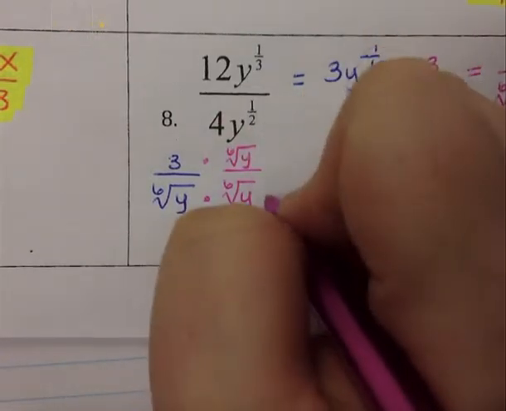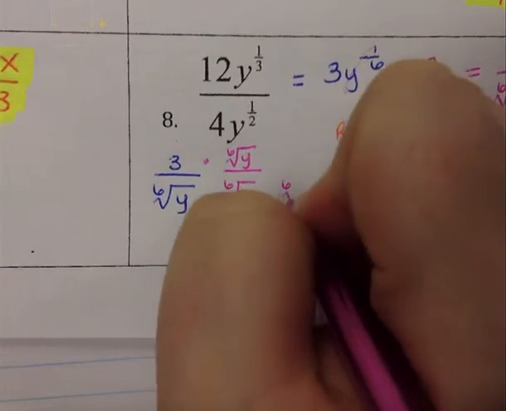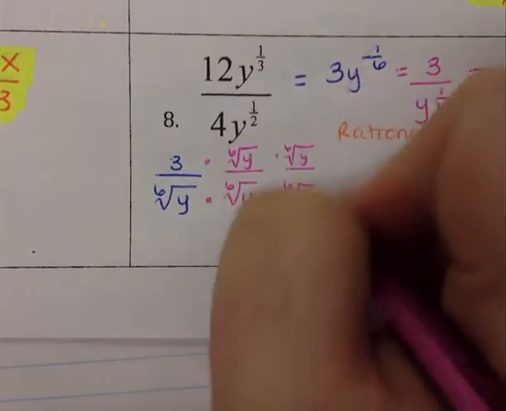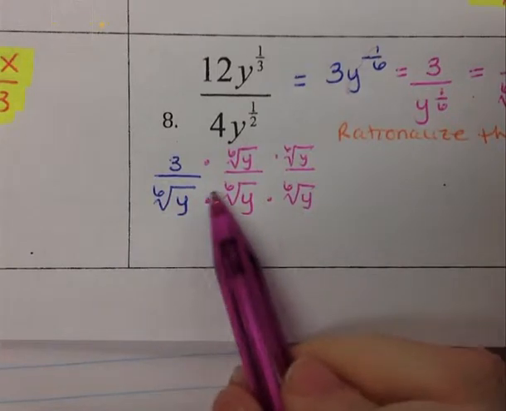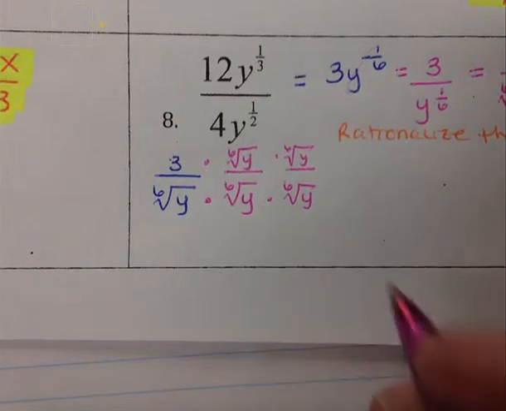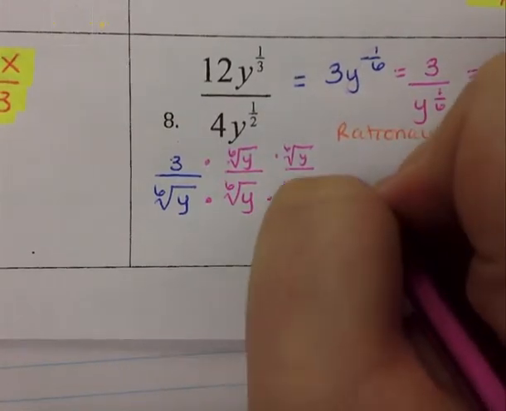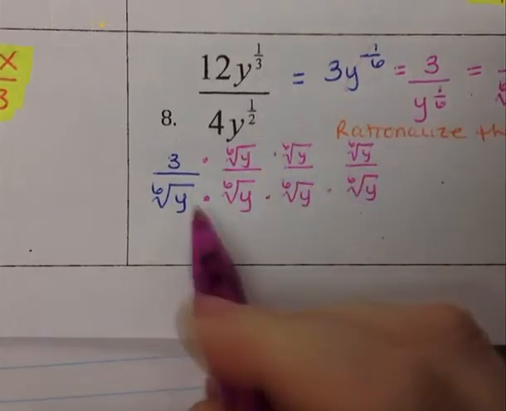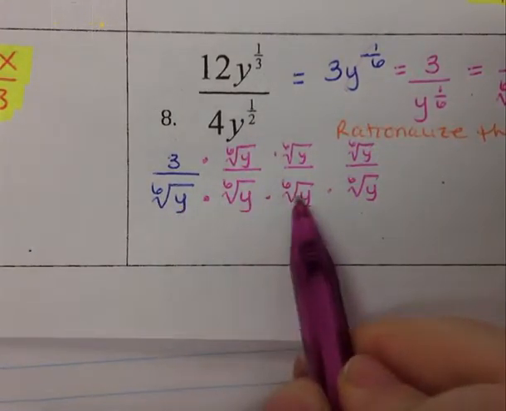So I need another one. So if I do the sixth root of y, I still have a value of 1, but now I have the sixth root of y to the third power. I need another one. Sixth root of y, sixth root of y. So I now have sixth root of y to the fourth power.